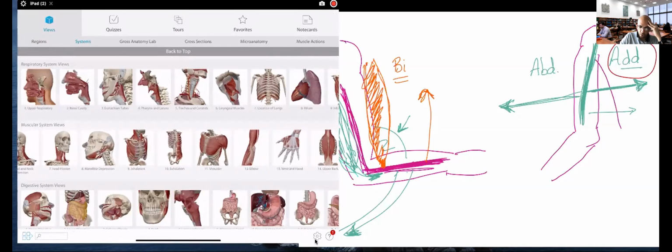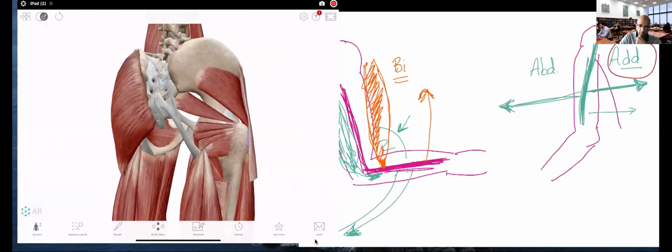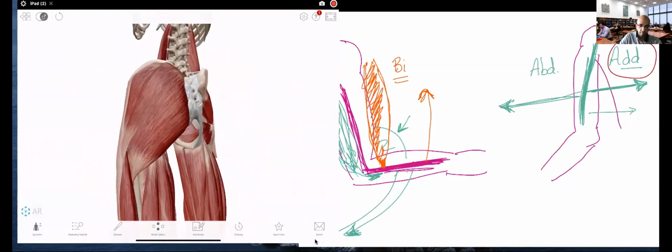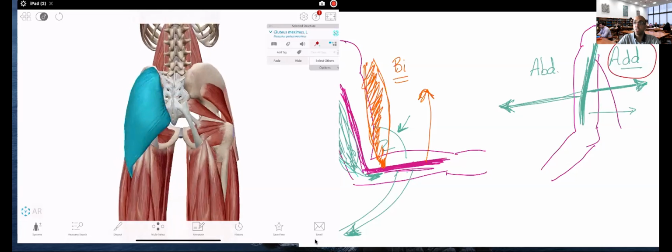We've also discussed the muscles that will be allowing the movement of the thigh. And if you remember, we've seen two muscles in the back: gluteus maximus, and underneath it, located laterally, the gluteus medius. Remember, gluteus maximus is going to be the prime mover for hip extension.